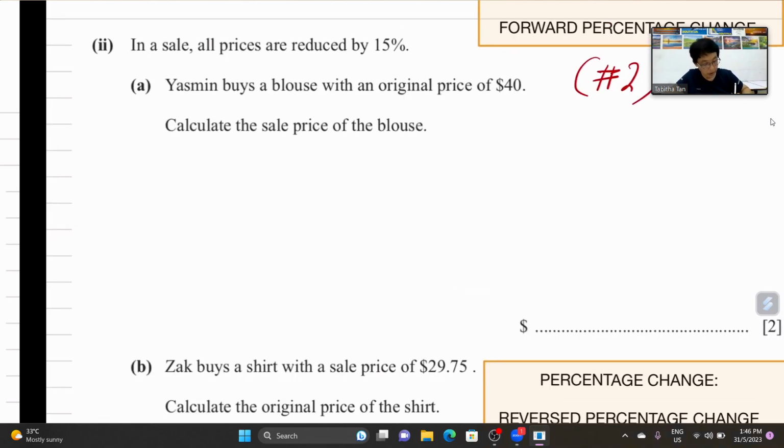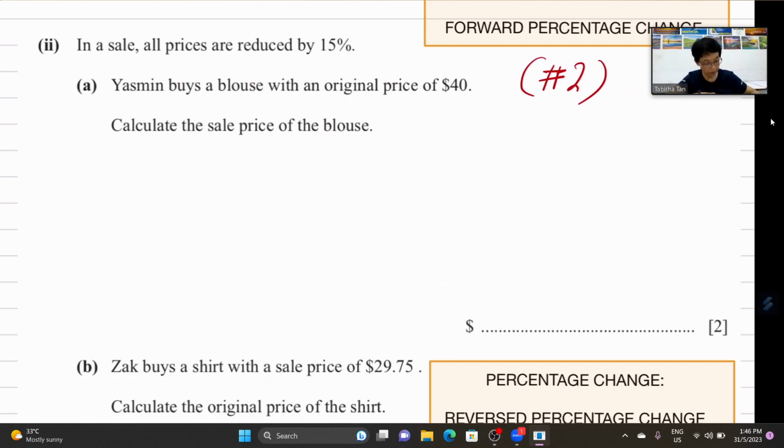This is the forward, so do the same thing. So Jasmine buys the blouse with original price. You can just put original price, so the 100%, which is the original percentage, is associated with $40.